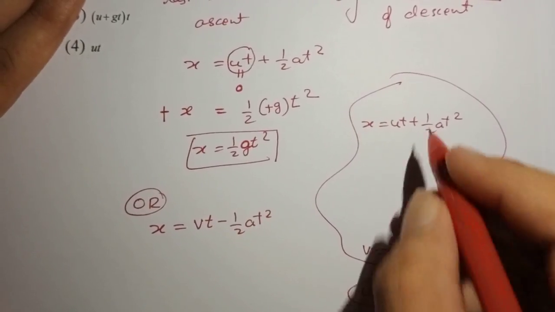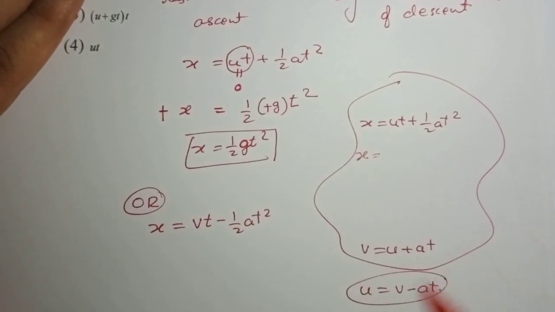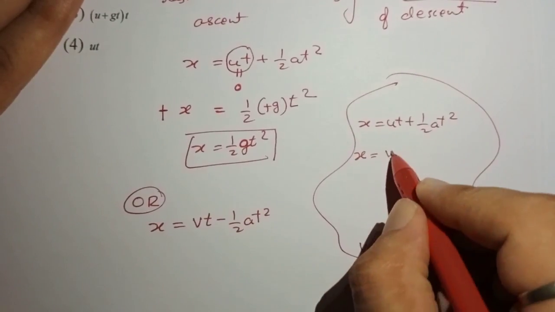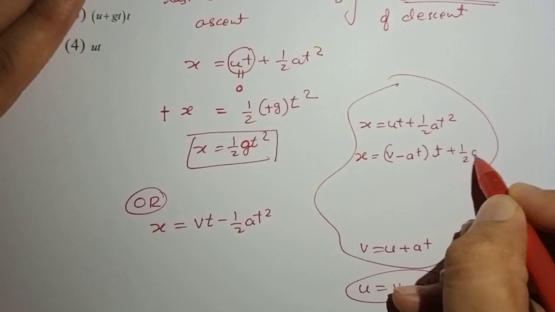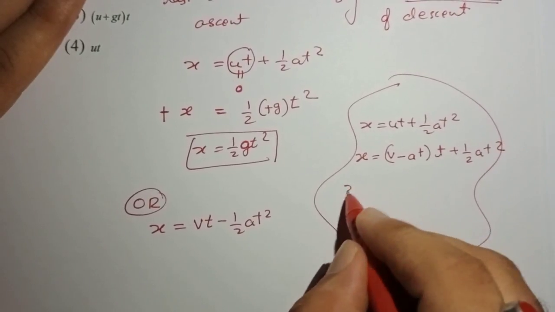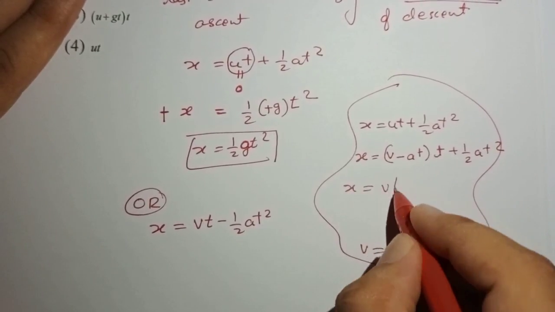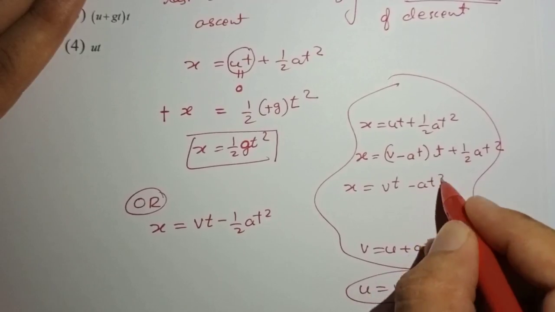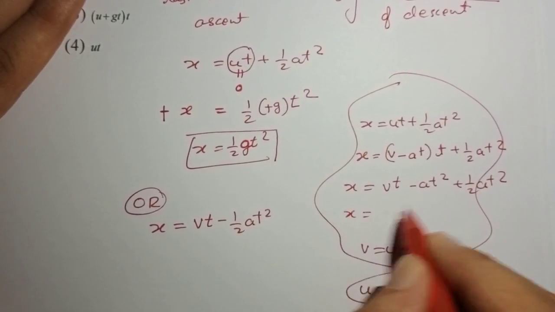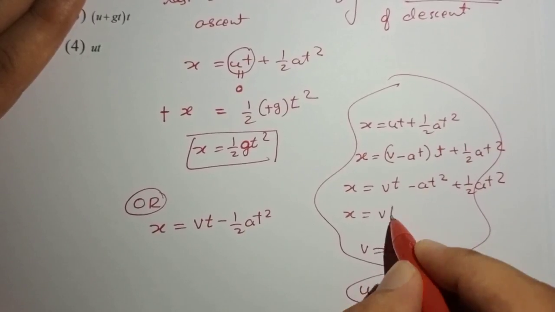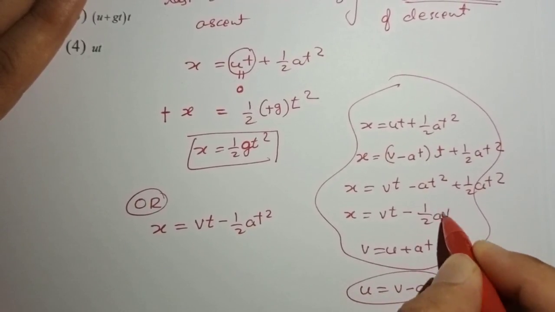Substituting this, x is equal to v minus at into t plus half at square, or x is equal to vt minus at square plus half at square. On simplifying, minus at square plus half at square gives vt minus half at square.